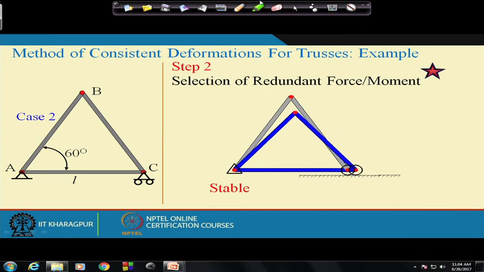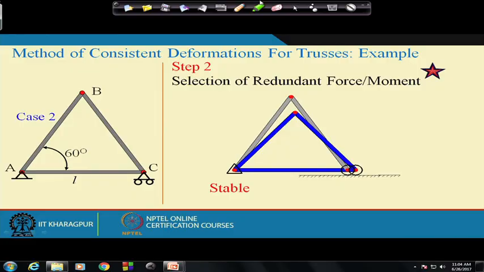I suggest you take both cases, case 1 and case 2, write the equations of equilibrium and try to find out which is stable and which is unstable. Now, we'll consider case 2. Step 1 was the calculation of static indeterminacy, which we have done; it is 1.